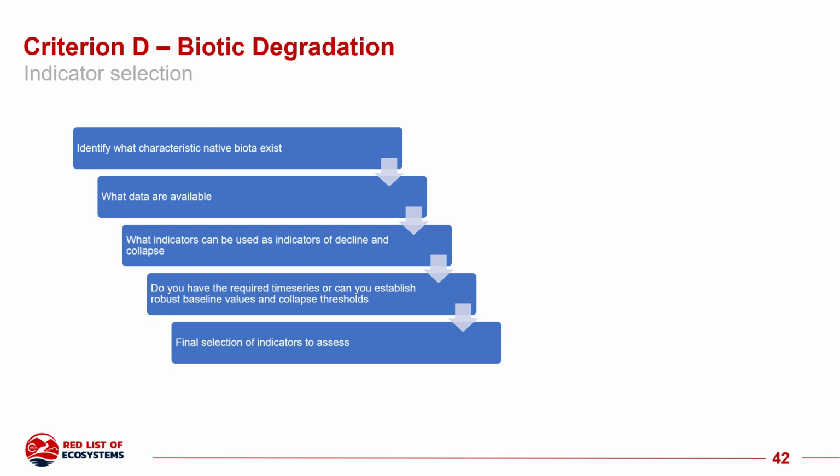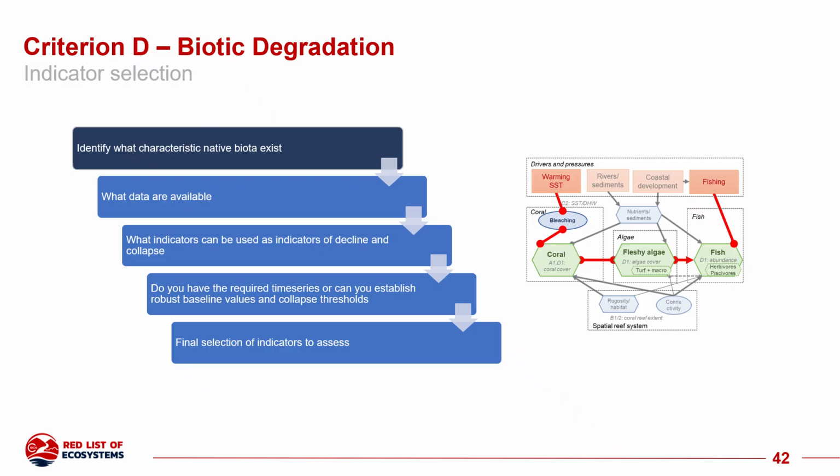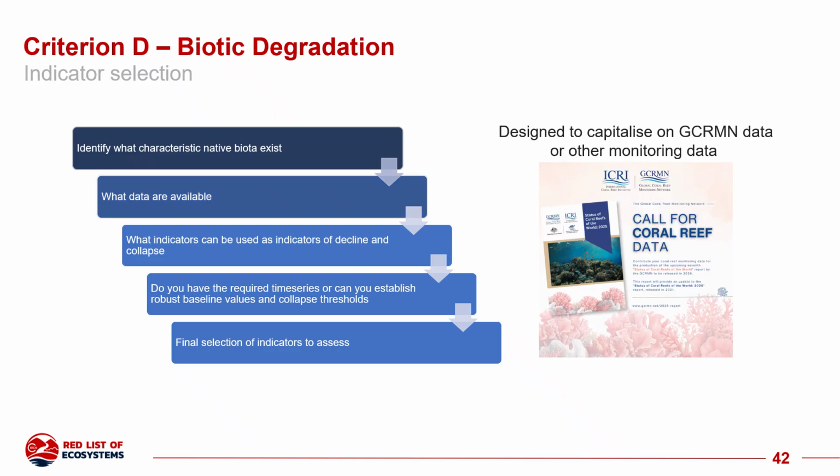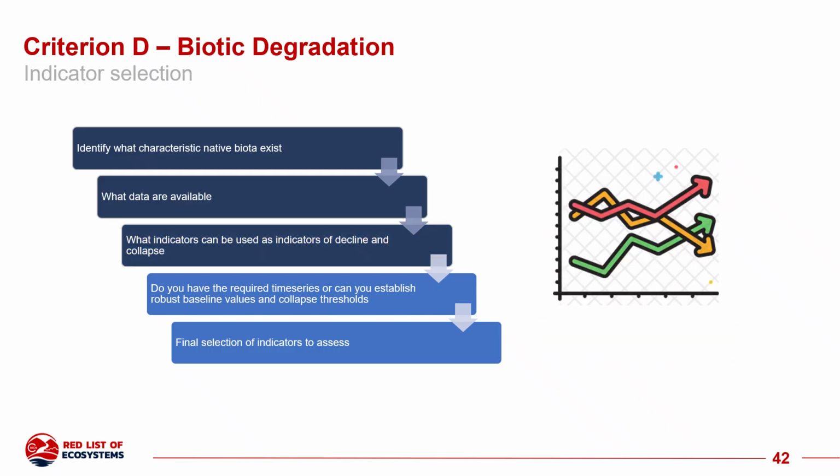Begin by revisiting the characteristic native biota identified during the development of the conceptual model. Review the available data which could relate to these biota, such as monitoring data collected through GCRMN nodes or other regional sources. Next, identify key biotic indicators that can be derived from the available data. Common examples include live coral cover, fish biomass, species richness, abundance of functional groups, e.g. herbivores, predators.